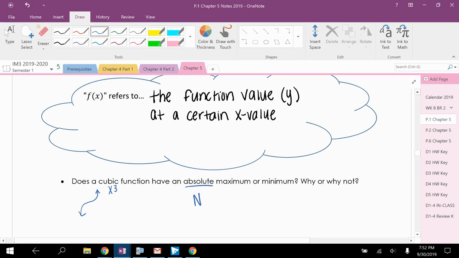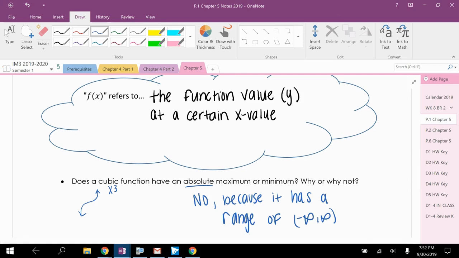So no, because it has a range of all real numbers. Okay, so it will never have something that's the highest point, which is the max, or a lowest point, which is an absolute min.